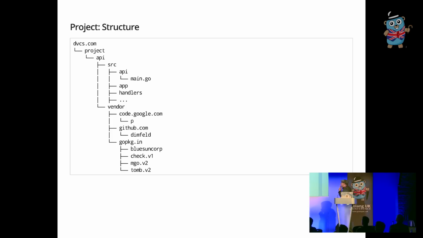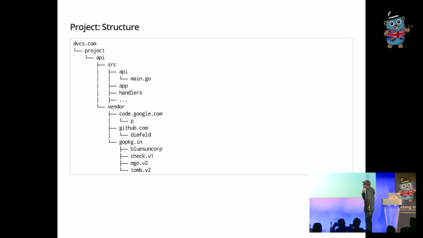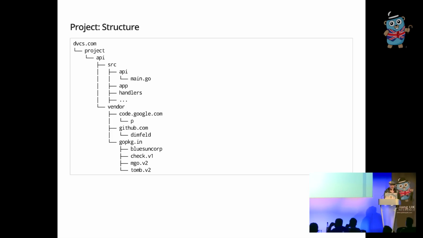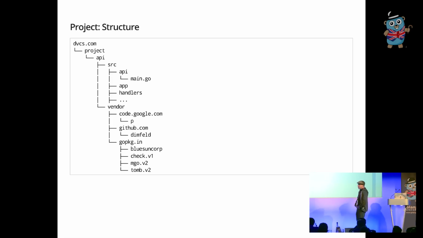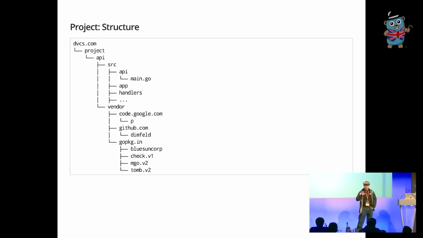So here's that same project, but this is how it would be structured now on disk. There are different ways you can structure this. This is how we're doing it. So we've got our project, here's the repo for this. This binary is going to be called API. We create off of there a source and a vendor folder. In the source folder is where all of the packages and stuff that we're writing go.